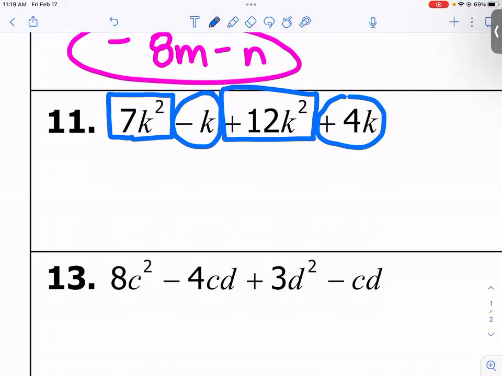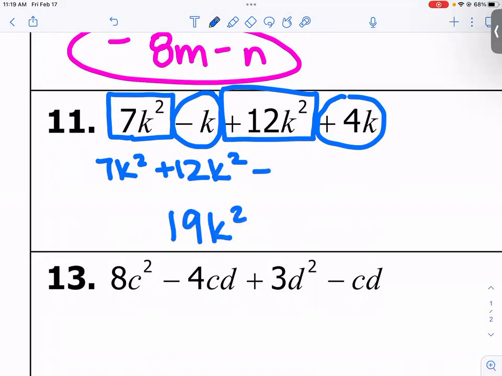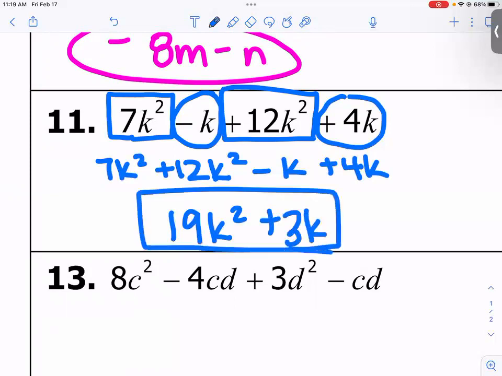So we can take 7K squared plus 12K squared to get how many? 19K squared. Then we can take minus K plus 4K to get 3K. You guys are handling this very well.